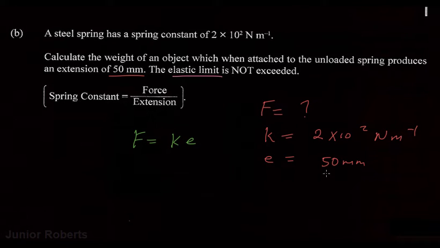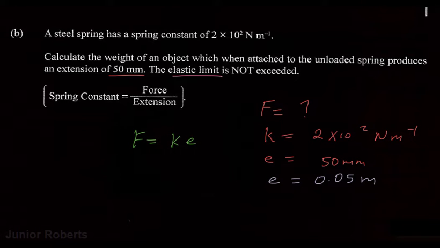We need to convert from millimeters to meters, so we divide by 1000 and get that our extension is 0.05 meters.